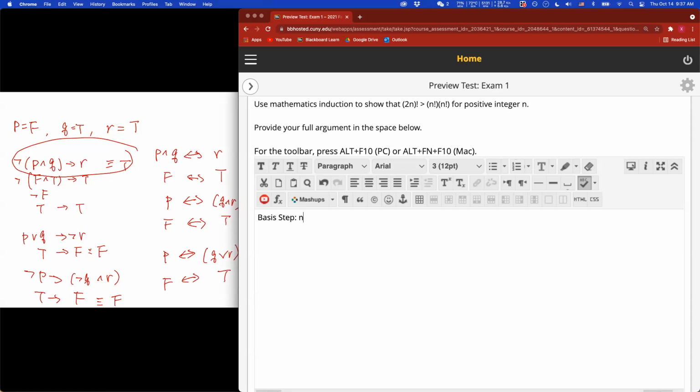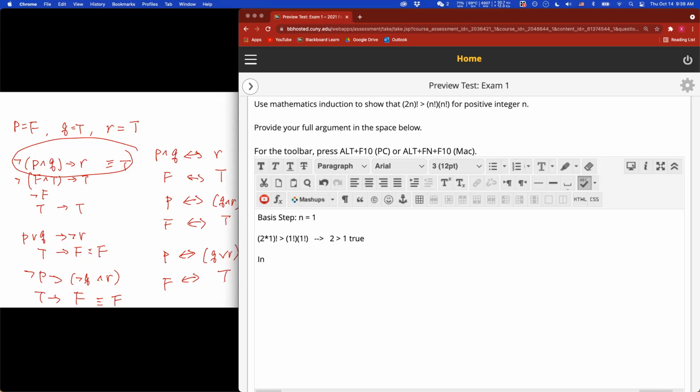Now your n is a positive integer, so your n will start with 1. Now your n is 1, so you want to check is 2 times 1 factorial greater than 1 factorial times 1 factorial. Now 2 times 1 factorial is 2 factorial. That will just give you 2. So 2 is greater than 1. So we know this is true.